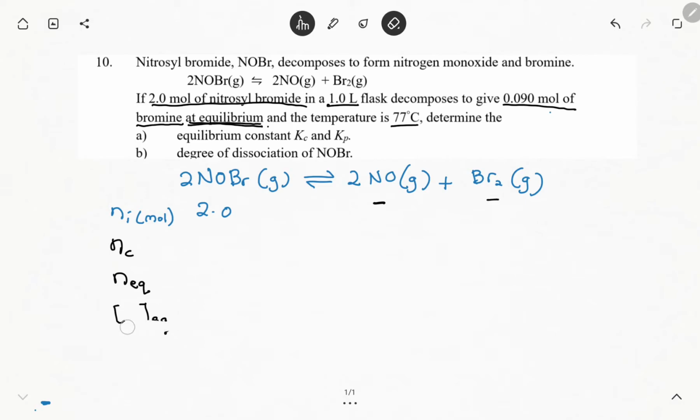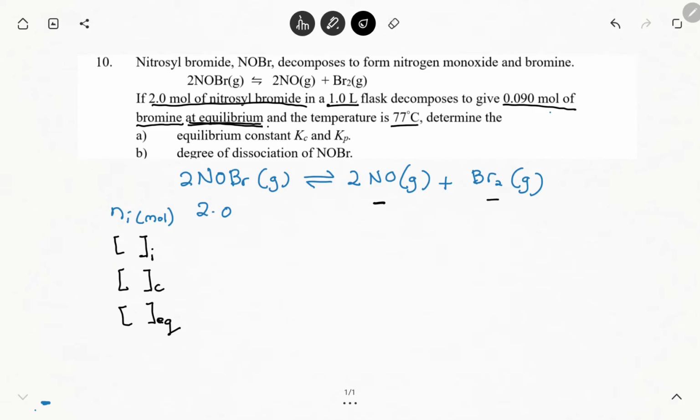Or you can use an ICE table in terms of concentration. That means you calculate the concentration initial first from the number of mole initial given, and then the concentration change and concentration at equilibrium.